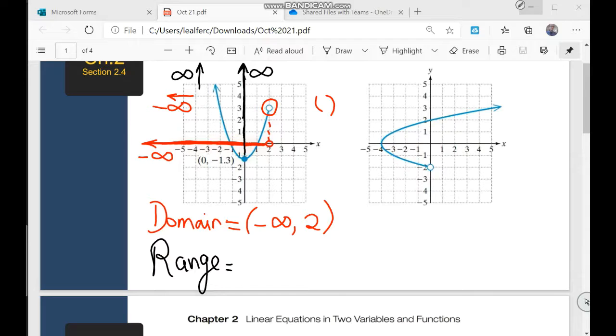It's close to negative 1.3. Here, negative 1.3. So the range starts at a closed dot, and closed dot means bracket. So bracket, negative 1.3, and goes all the way to infinity. Okay? That's it.